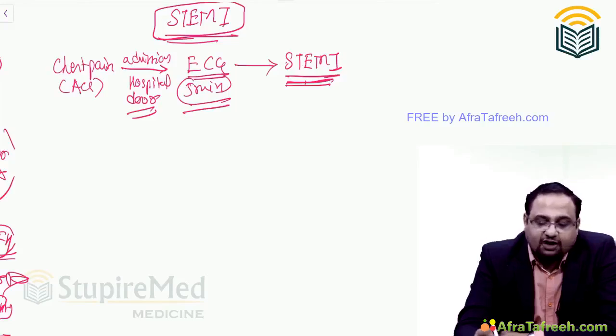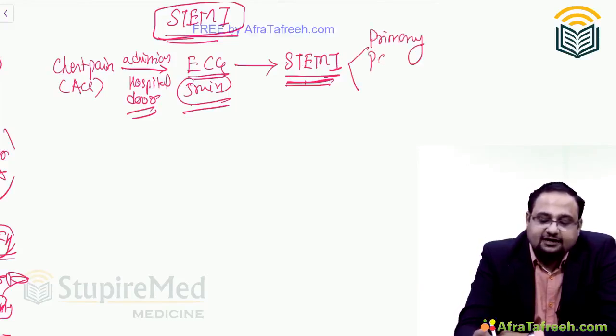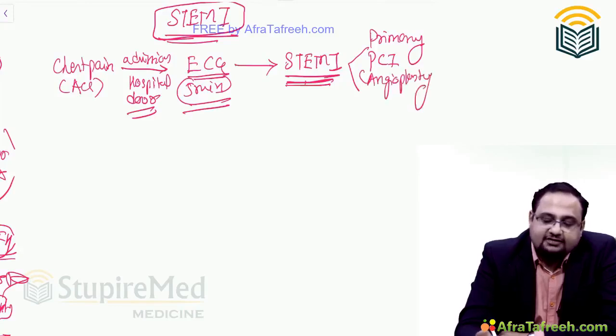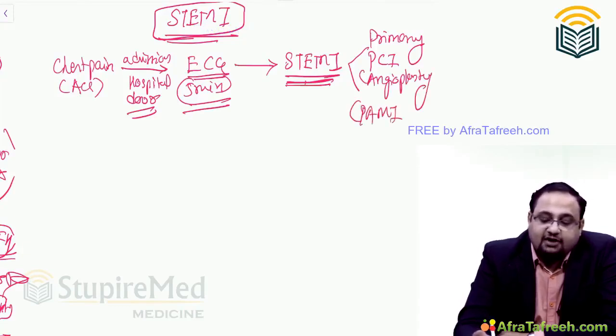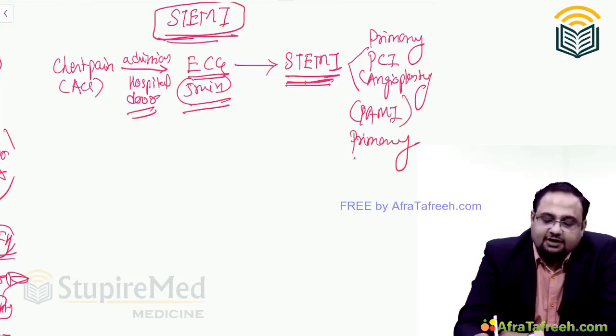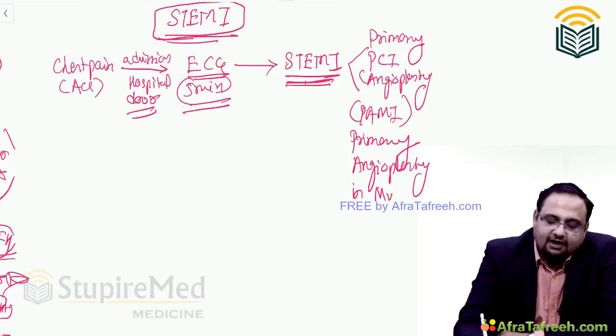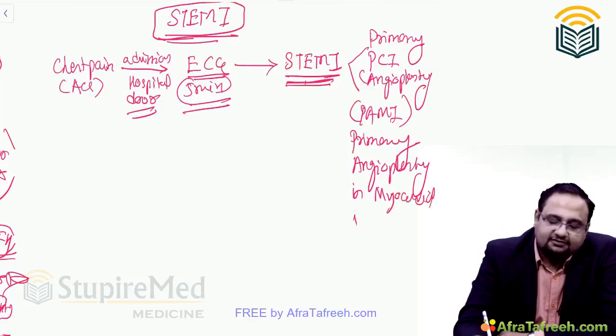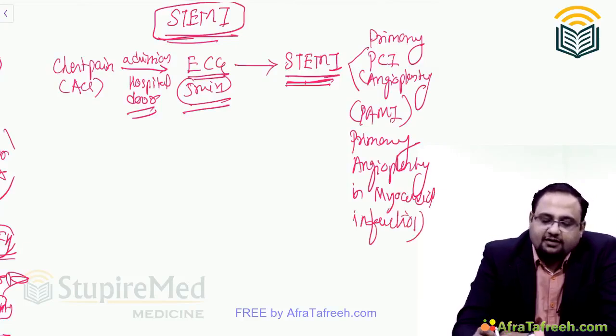Now the treatment options for ST segment elevation myocardial infarction: one is primary PCI, that is primary angioplasty. It is also known as PAMI, that is primary angioplasty in myocardial infarction.